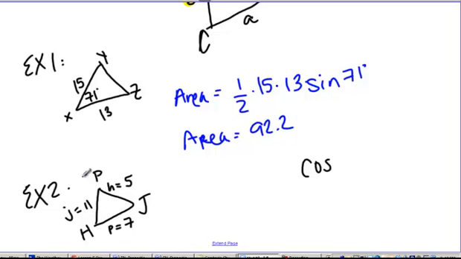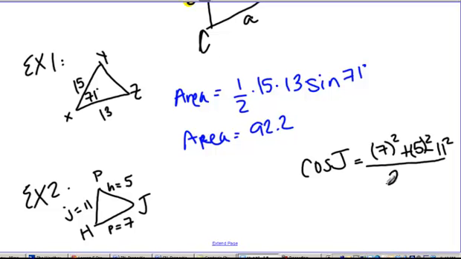But if you're given 3 sides and you have to find the measurement of an angle, you take cosine of J equals 7 squared plus 5 squared, so the two sides it touches, then subtract J squared, all over 2 times 5 times 7.